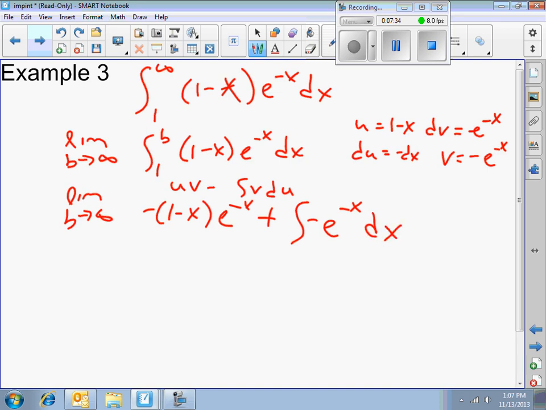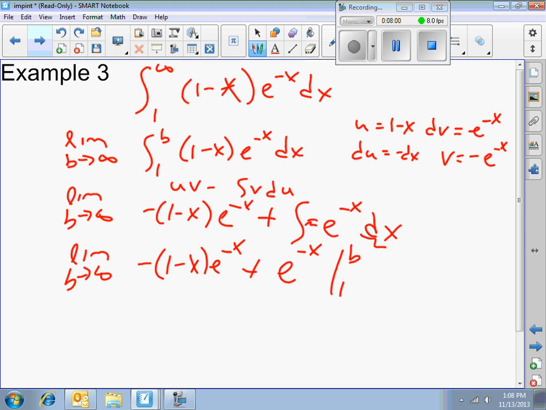So what we have is the limit as b approaches infinity of negative (1 minus x) e to the negative x plus, it's set up really nice because that's a du that we're looking for there. So it's e to the u du, which is simply e to the u, so the integral here is e to the negative x. Now we're evaluating this from 1 to b.